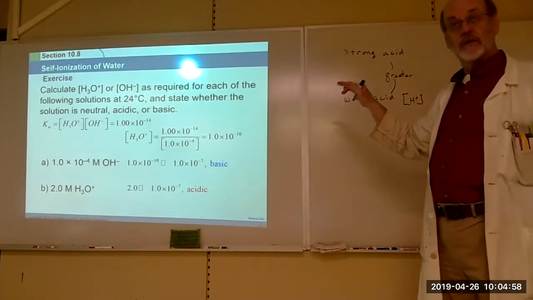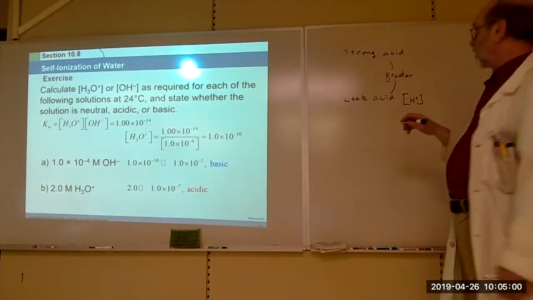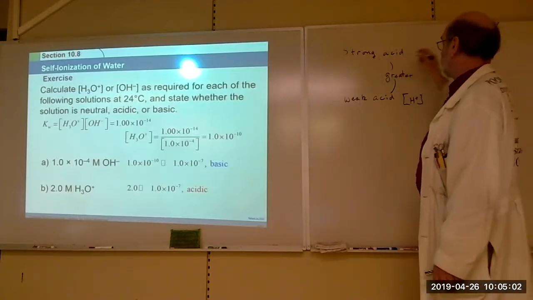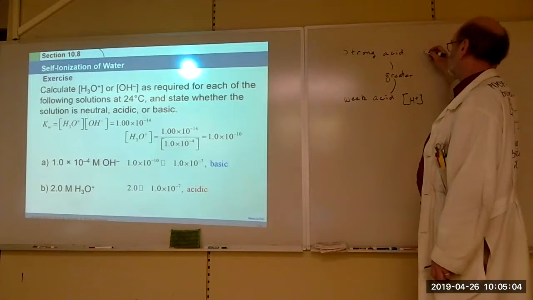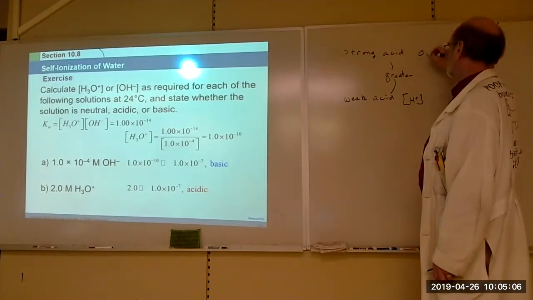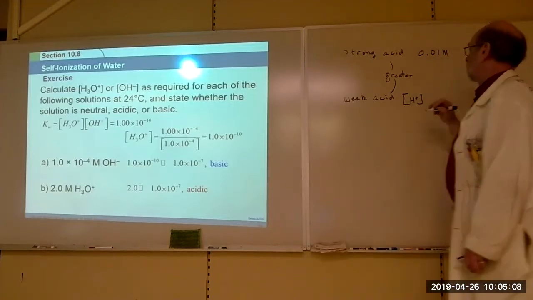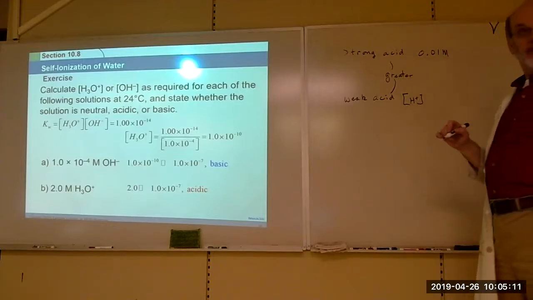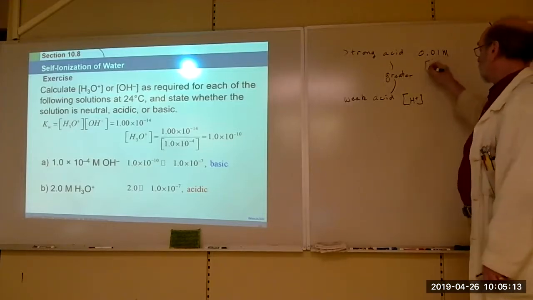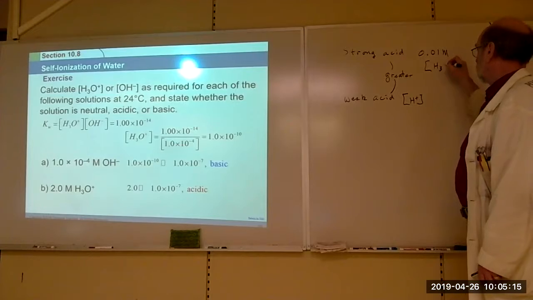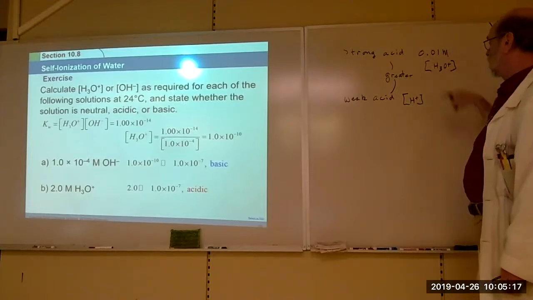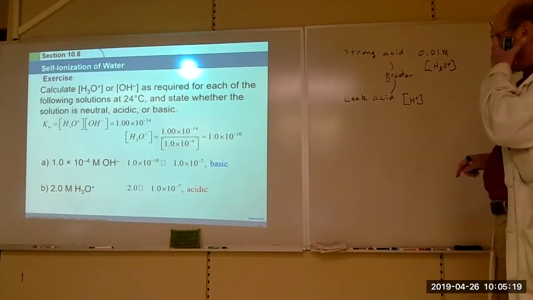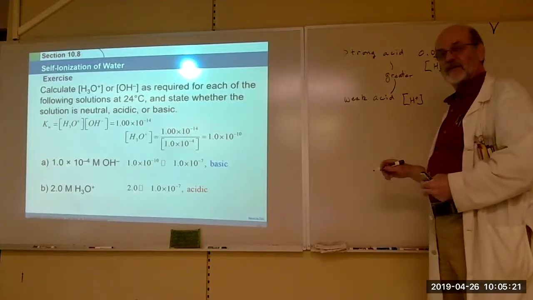It all depends on how much you put in solution. If you put in solution here, say 0.01 molar, right? So that's going to dissociate to that concentration for here. But what if we make acetic acid?